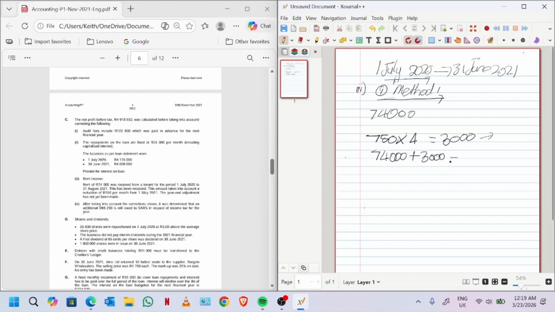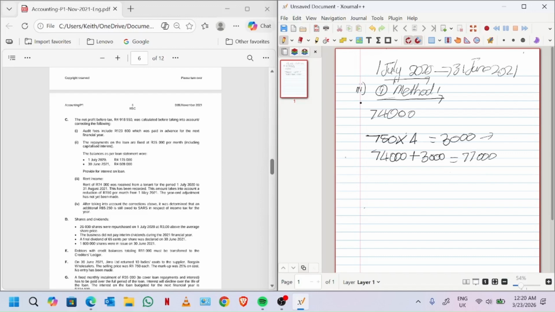Alright, so we have 77,000. You have to divide it by 14 months, because this ranges from 1 July 2020 to August.